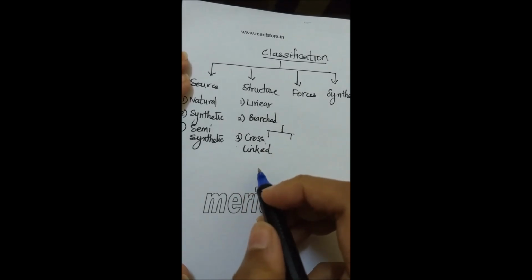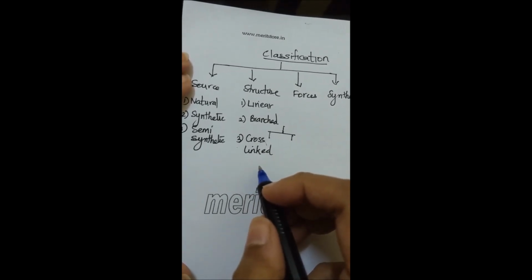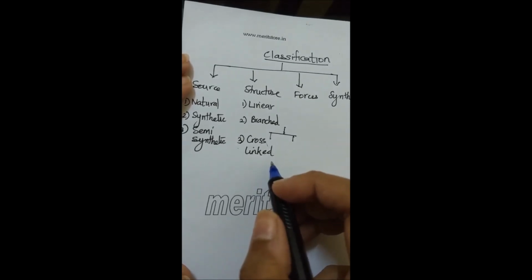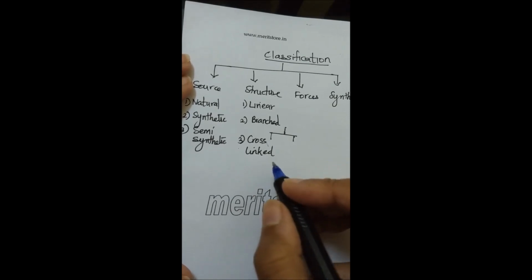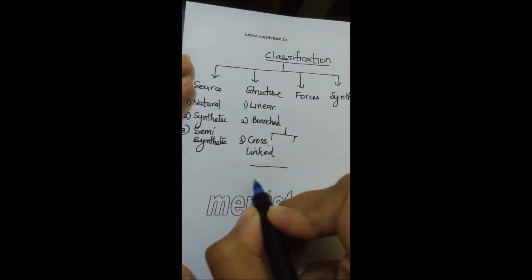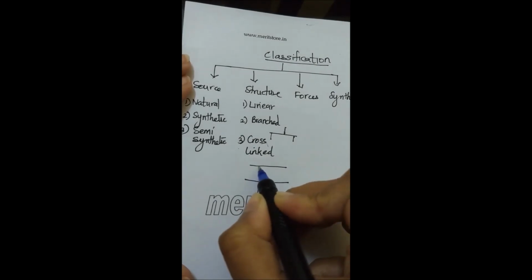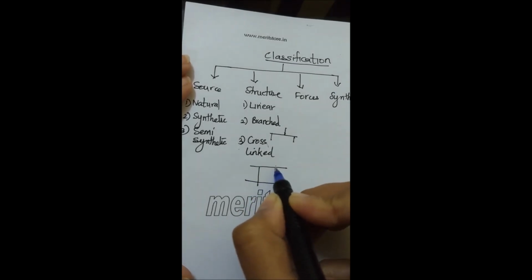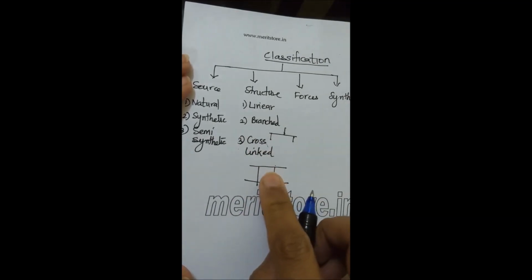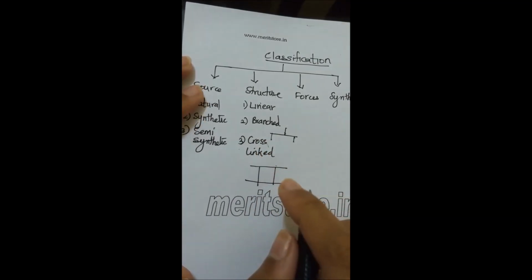Cross-linked polymers are those in which monomer units are cross-linked to form a three-dimensional network. An example is bakelite or melamine. So we have two polymer strands in which the monomer units are cross-linked, and hence we call these cross-linked polymers.